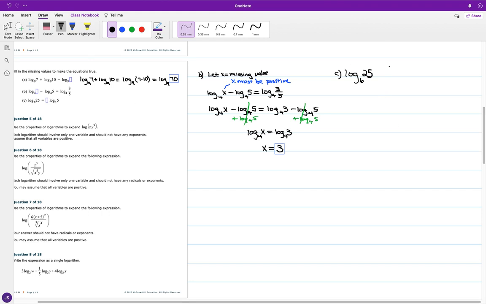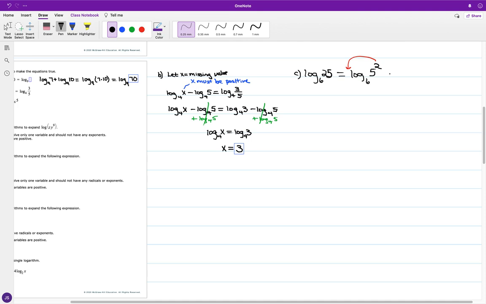And if I write in terms of where 5 is going to be the argument, 25 is both a multiple and an integer power of 5. So 25 is going to be 5 raised to the second. Again, it looks like we're going to be converting powers into coefficients. So the base 6 logarithm of 25 will become 2 times the base 6 logarithm of 5.